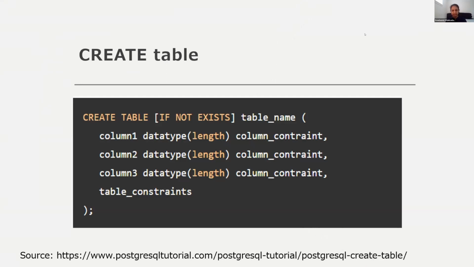Avoid giving table names like XYZ because the table name would be very important while working with the data. And inside parentheses, column 1, data type and column constraint. I'll be talking about column constraints later, but column 1 is the name of the column. Data type is the type of data that we'll be storing in the column, that is either text or integers or floating point variables, etc.